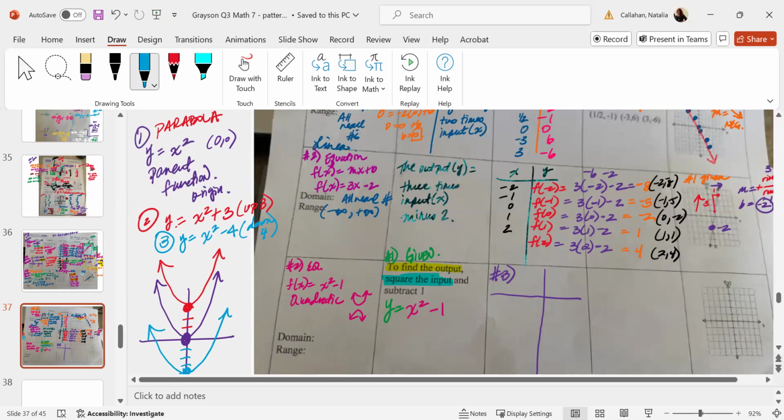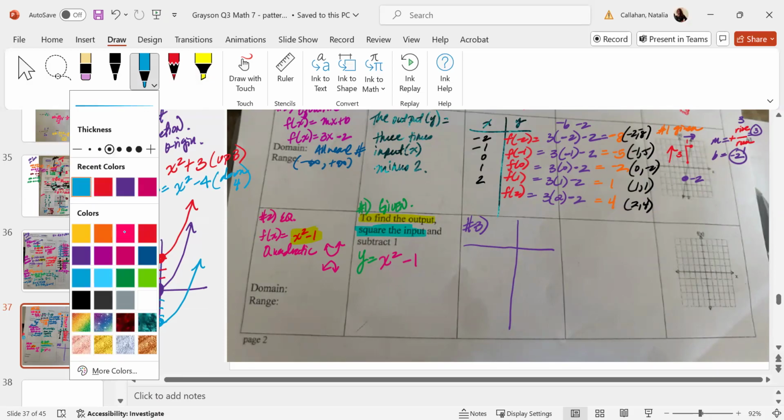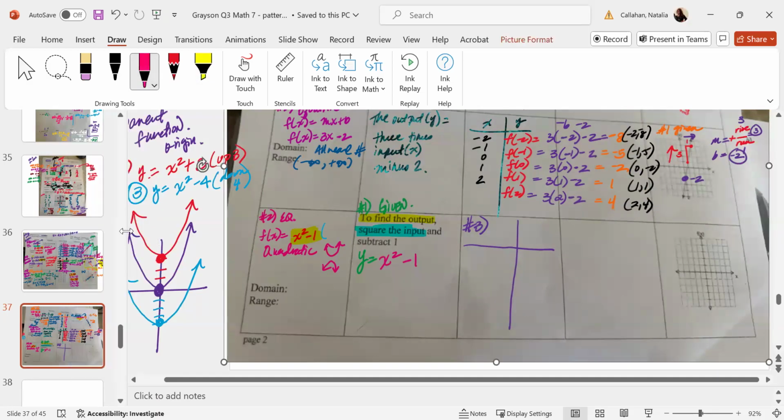Okay, go back to your example right here. Do you see how this right here is your equation? What would it look like if you were to draw the graph? What would that look like? Look at number 1, 2, and 3 here to help you.